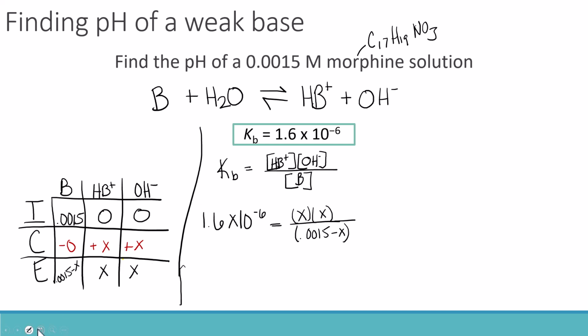So again, same chapter, we're still going to make the assumption that X is small is valid. So we get rid of any X's that are added or subtracted. So that's going to clean this up to 1.6 times 10 to the negative 6 equals, condense the top to X squared, and the bottom is just 0.0015.